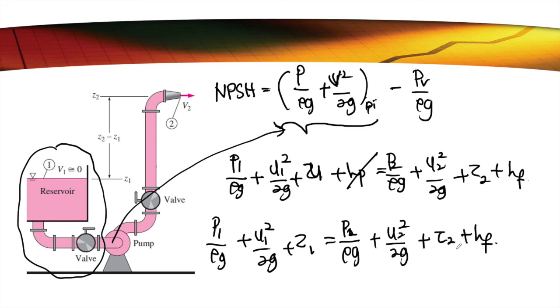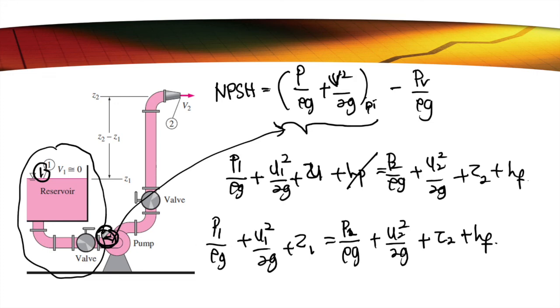So we have this equation. Now my point number 1 is here, number 2 is before the pump. So therefore pump inlet is P2. Am I right? Pump inlet is P2.